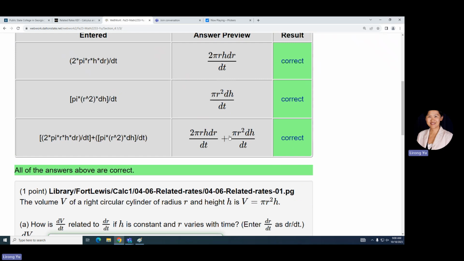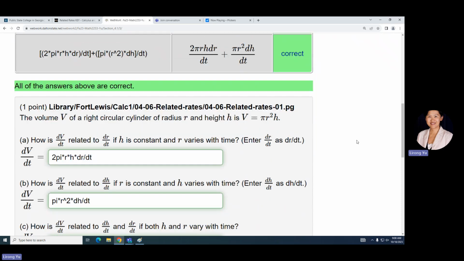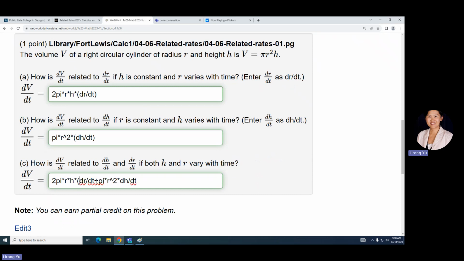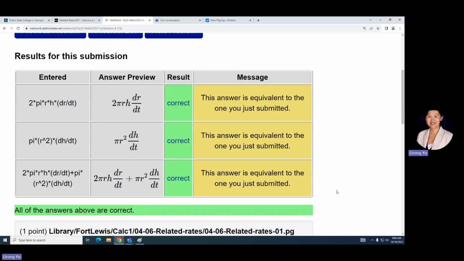It should be dr/dt rather than the whole thing over dt, but they can do the same too. If we want to keep it, we should put parentheses so it doesn't look like everything is over dt. Since they are all actually equivalent, I'd rather have that form of the derivative.